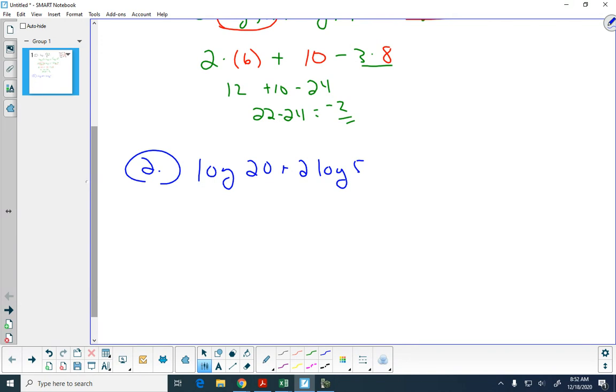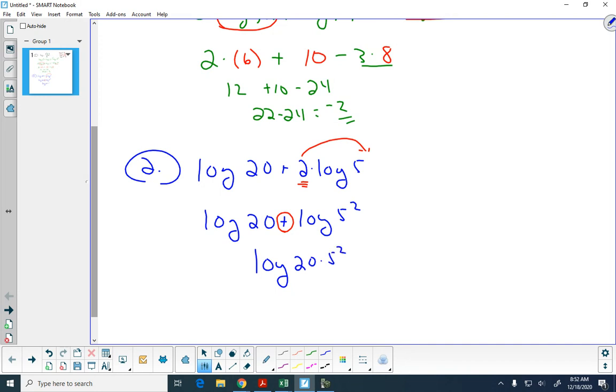We can condense these together, but before we condense them together, once again, this value of 2 in the front can be thrown back up as an exponent. So we have log of 20 plus the log of 5 squared. Now, since we have addition, we can combine these together through multiplication. So we have the log of 20 times 5 squared, or 25.